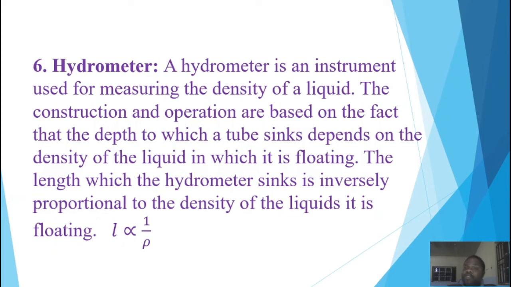The density of petrol is usually less than 0.75 gram per centimeter cube. That of kerosene is between 0.75 to 0.8. So if they get anyone whose density is above 0.75, it means it is purely adulterated, because the adulteration increases the density of the petrol, and when it increases the density, you now find out the rate of combustion will reduce.